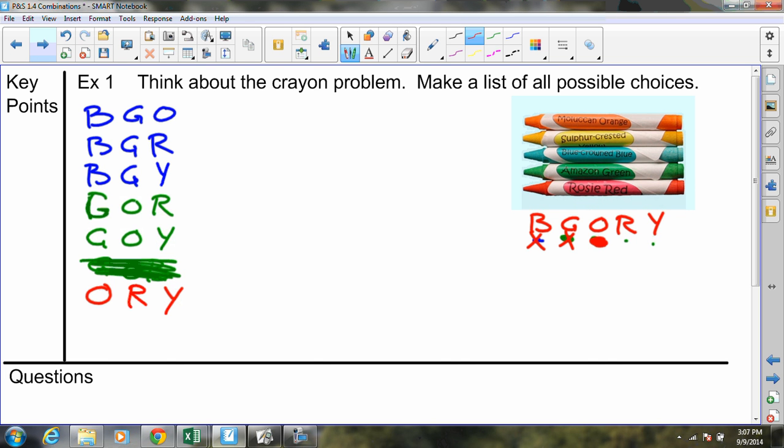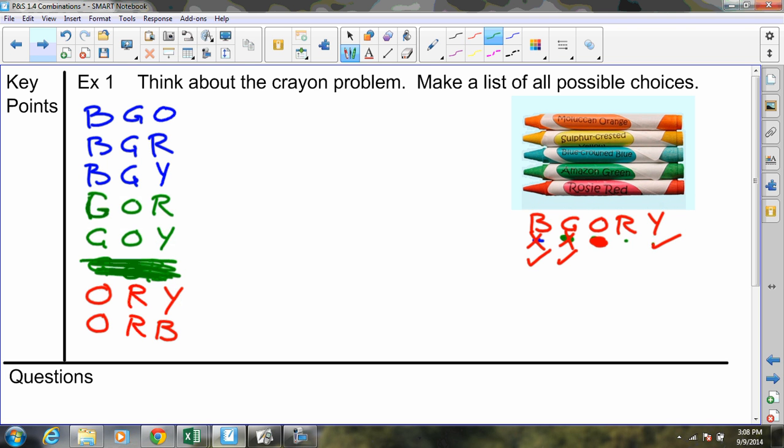Where is that one? Okay, so orange, red, blue we need. So we had orange, red, yellow, orange, red, blue, orange, red, green. Orange, red, green we already had, so it finishes that one.